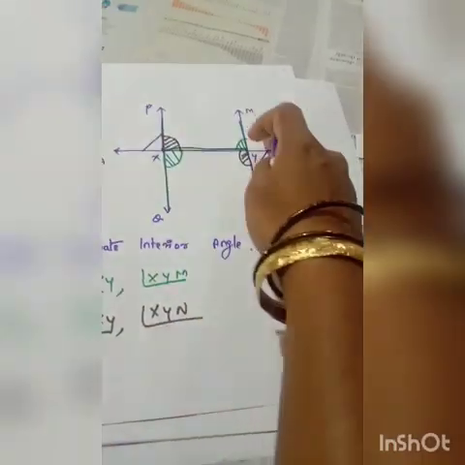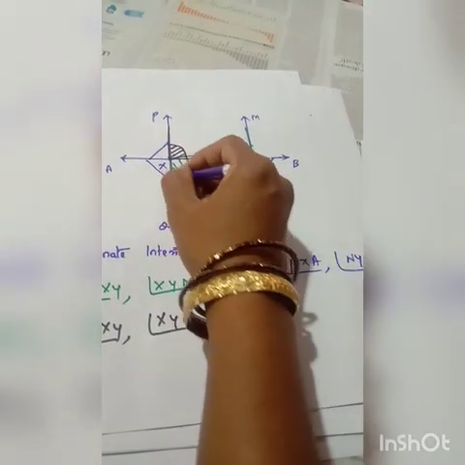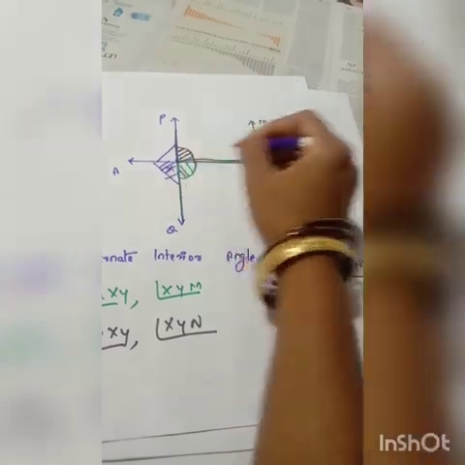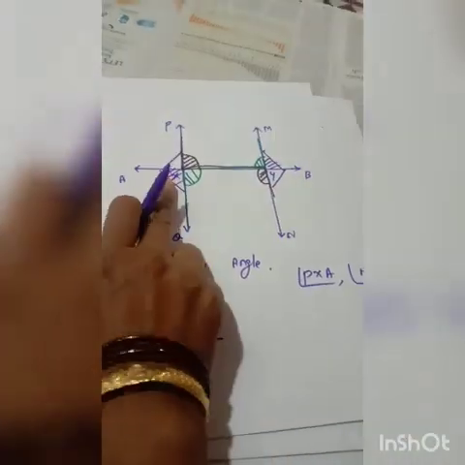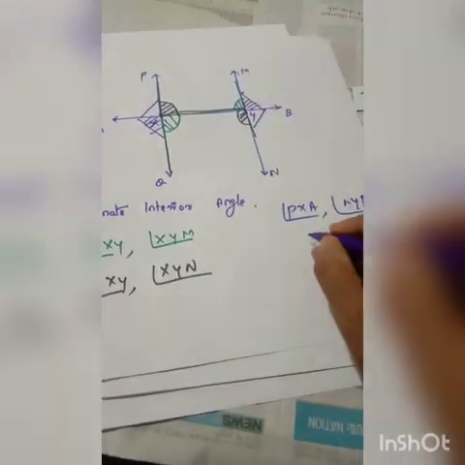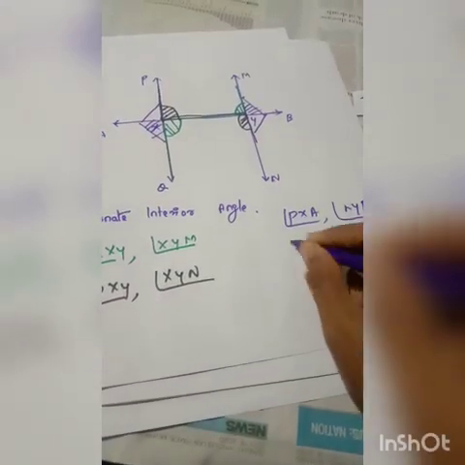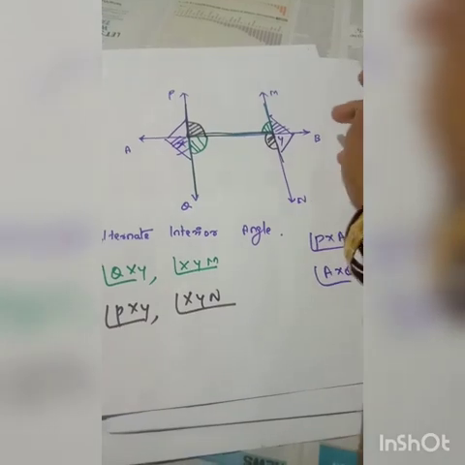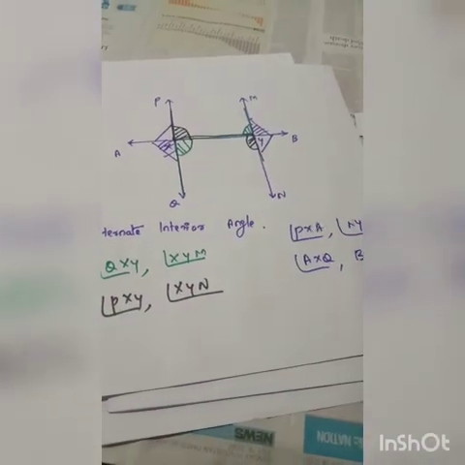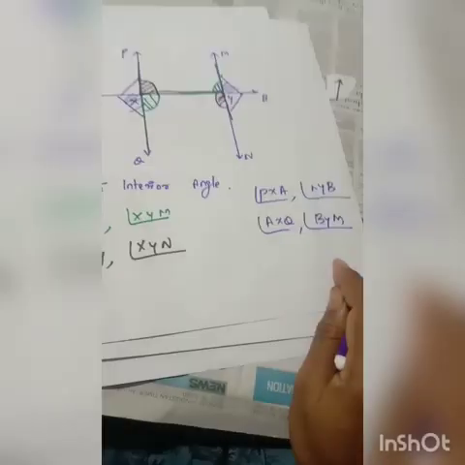And this side, and here, for this one I will write like this way to differentiate. This side, how can I write? AXQ is parallel to BYM. BYM. Like this way we have to write.